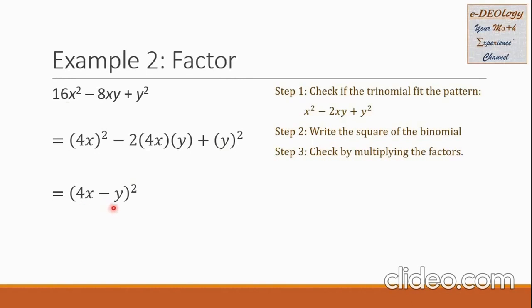If I square negative y, it is equal to y squared positive, and that is the third term of the trinomial. Now, I will multiply 4x by negative y and times 2. That is equal to negative 8xy. So, my answer, the square of 4x minus y, is correct. And that is my final answer.